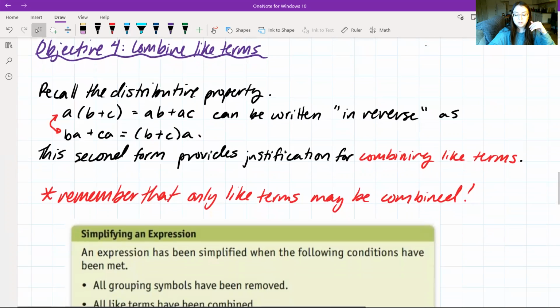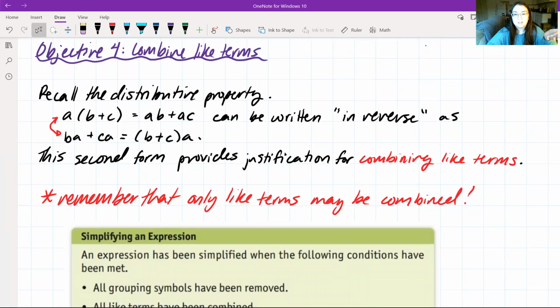So recall the distributive property, which just tells us that we can multiply some number to a sum of another, and we can distribute that number we're multiplying. So if we have something like a times (b plus c) is equal to a times b plus a times c, this can be written in reverse as b times a plus c times a is equal to (b plus c) times a.